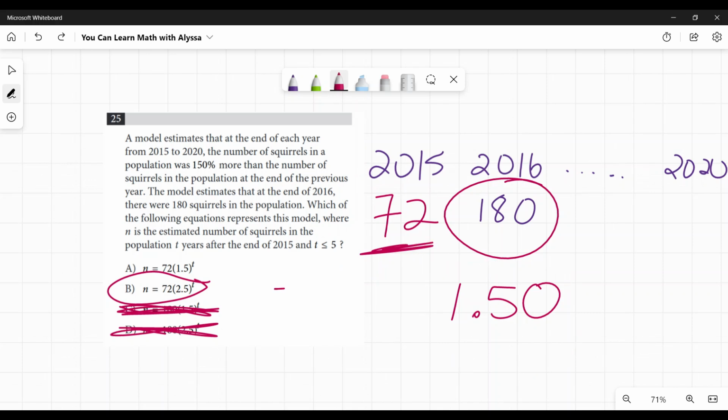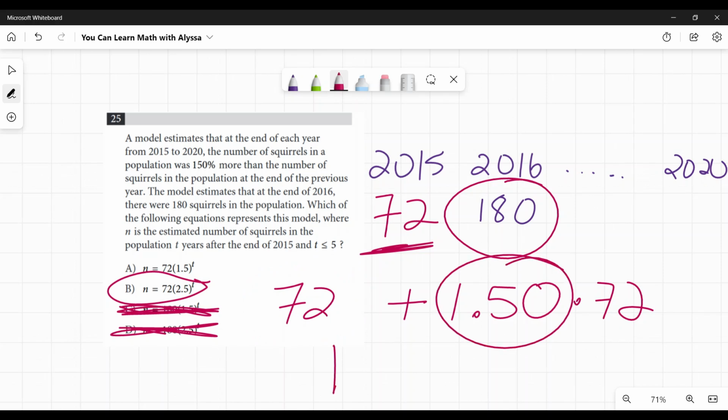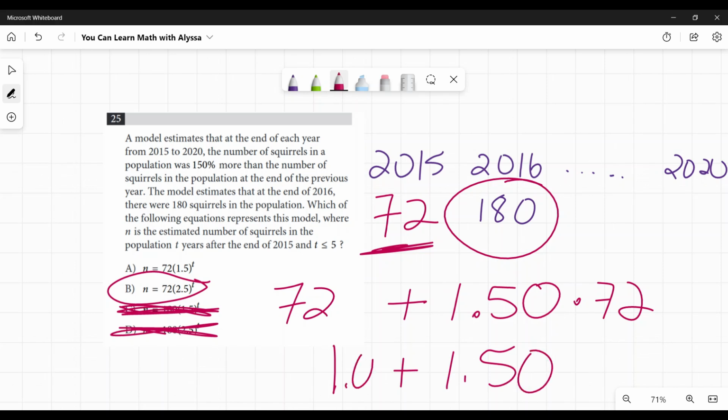They're saying I started with 72 and then I added 150% of 72. So this is one whole number, and this is 150% of that number. So it is 1 plus 1.5. So that is 100% of the value plus 150% of the value gets you your final value.